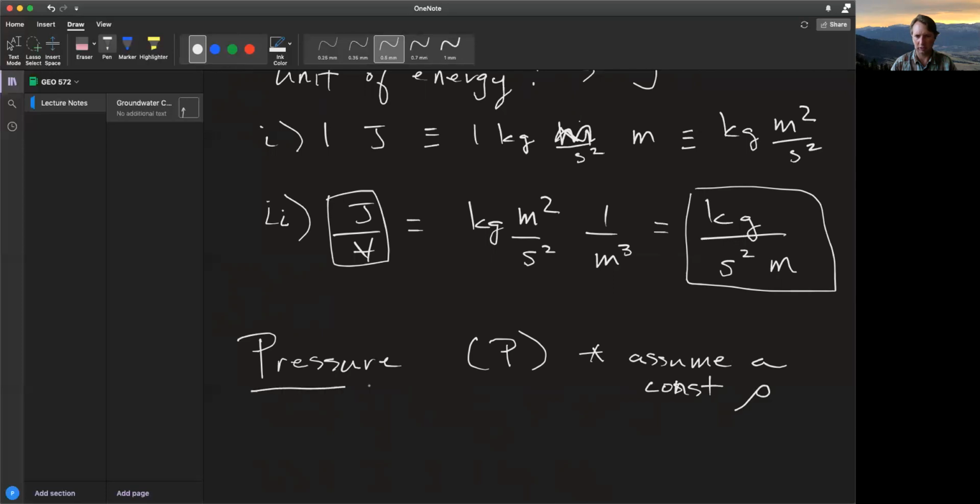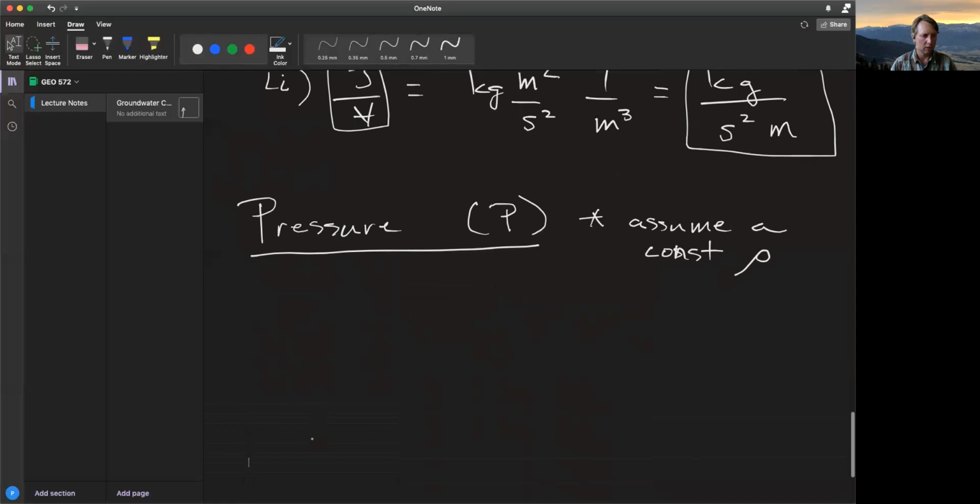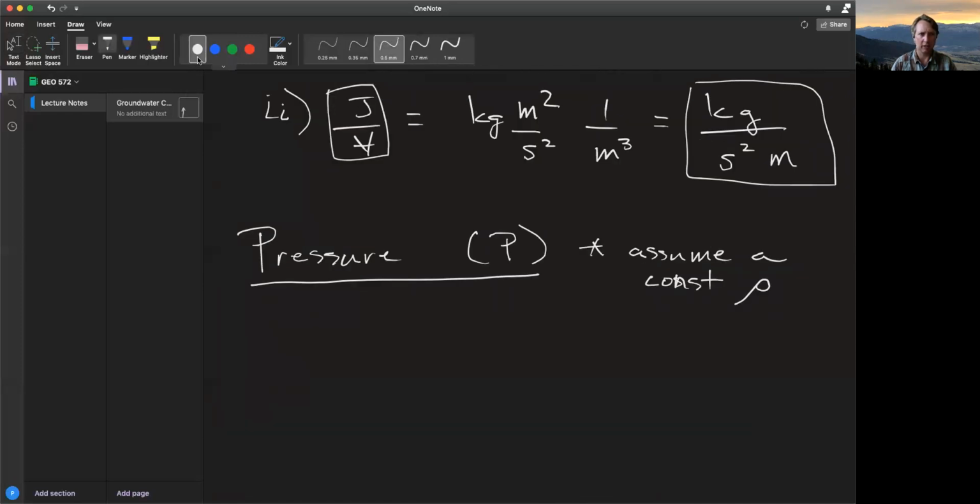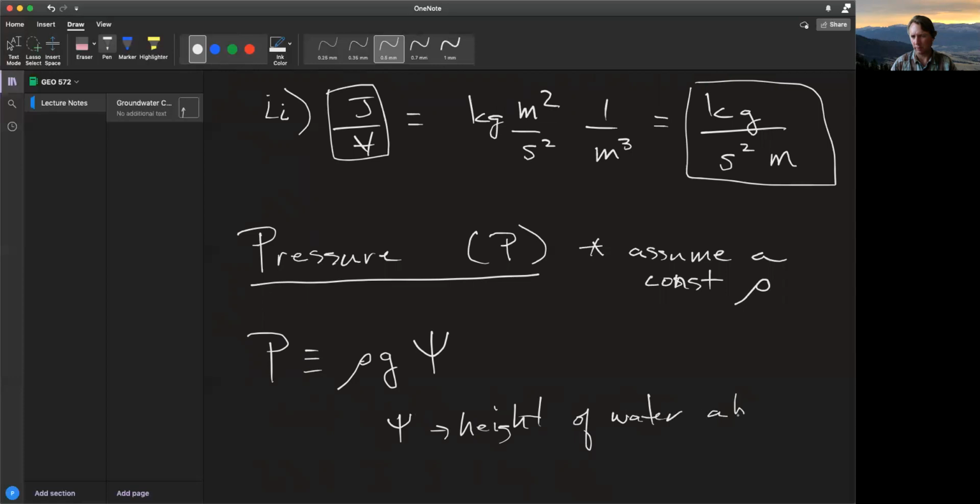All right, so we're going to assume an incompressible fluid for now. Okay, so my pressure, if I have an incompressible fluid, is defined by this equation, rho g psi, where this guy psi is the height of water above a point.